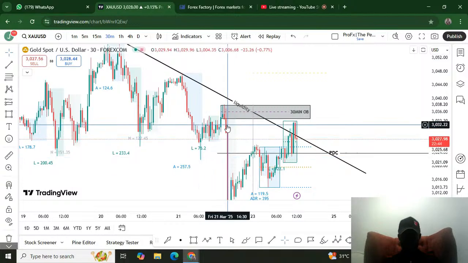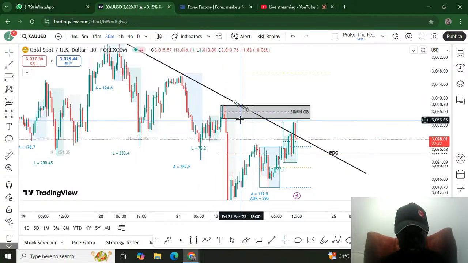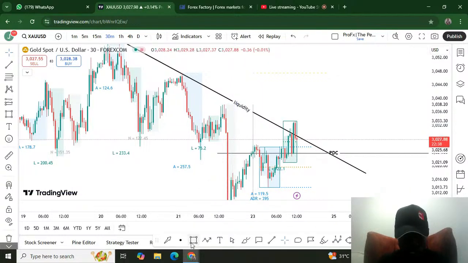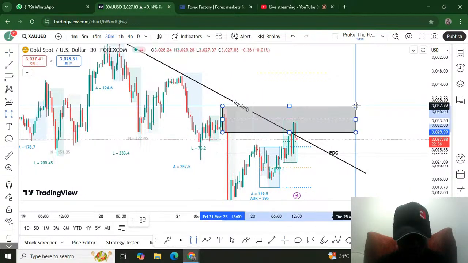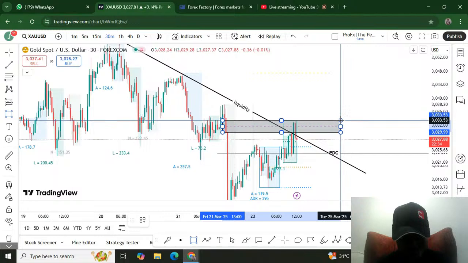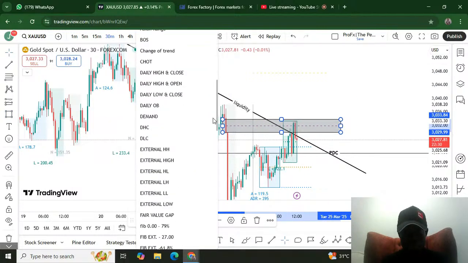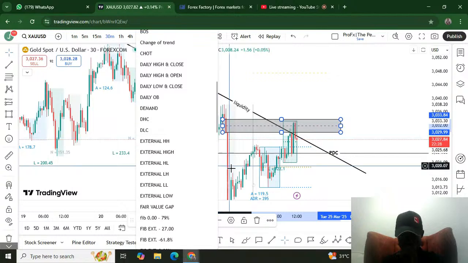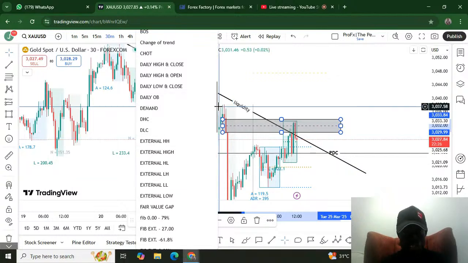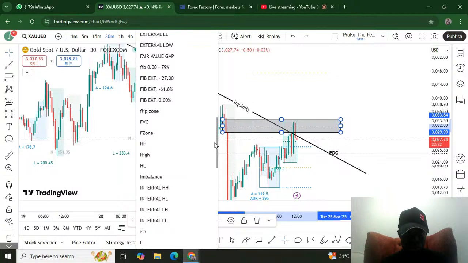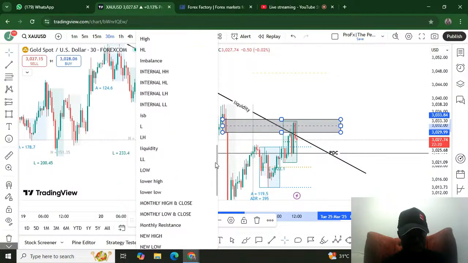We have a fair value gap in 30 minutes, so let me use the fair value gap first, as it is the first interest. The fair value gap is currently being respected, and all of this is still happening above the previous day close, but looking at the structure, that might be a manipulation.